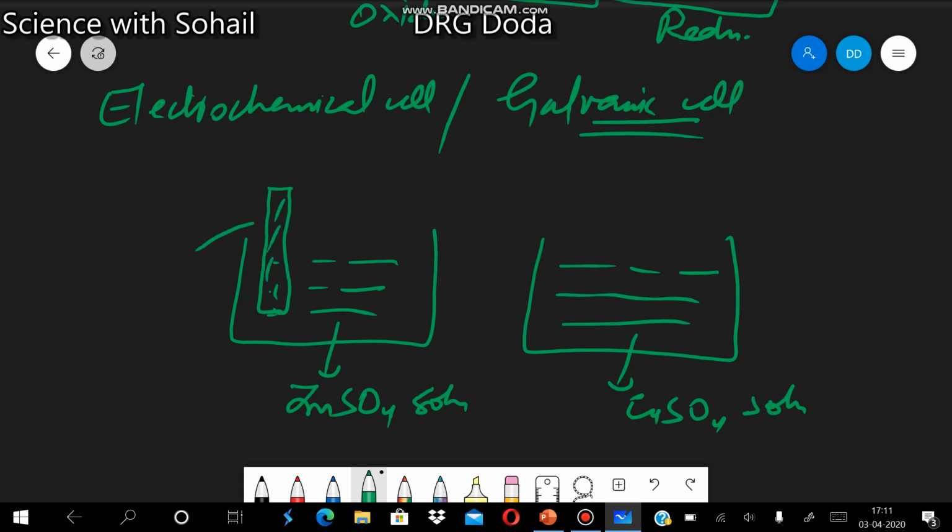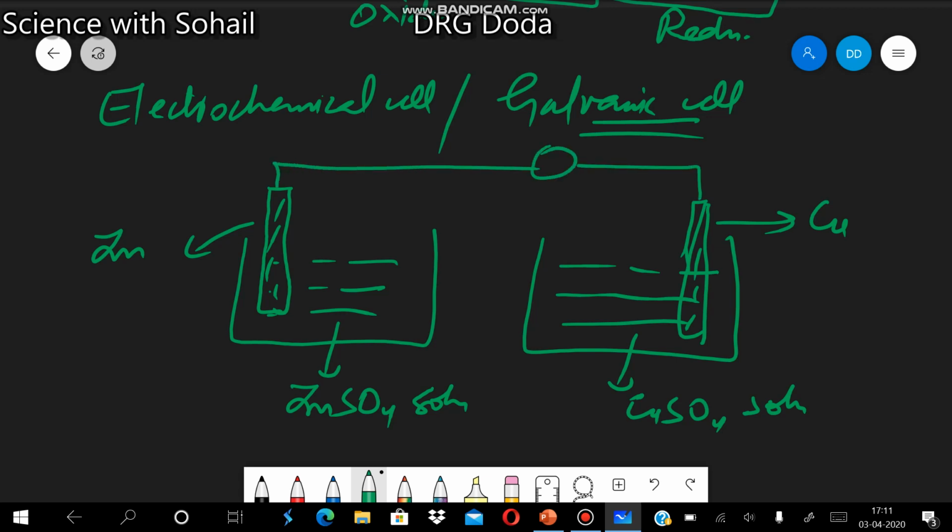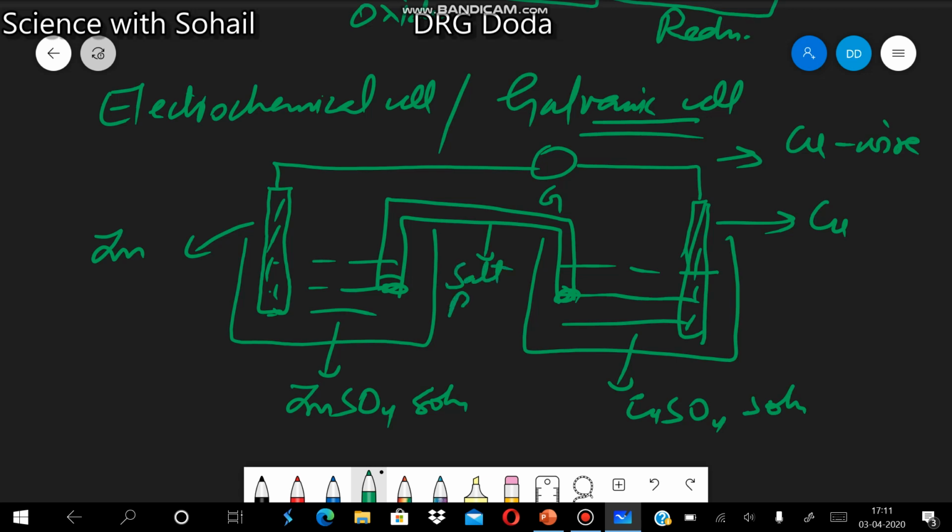A zinc rod is dipped in the zinc sulfate solution, and a copper rod is dipped in copper sulfate solution, and they are connected with each other, and a galvanometer is connected in between, through a wire which is made of copper. And there is also another substance which is called a salt bridge. The salt bridge completes the circuit in this case.